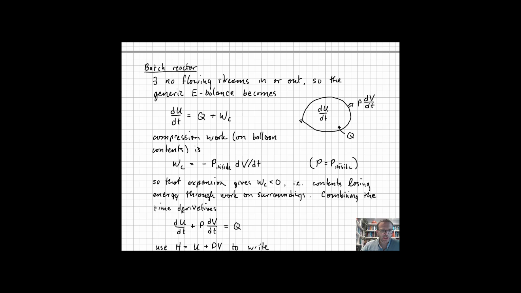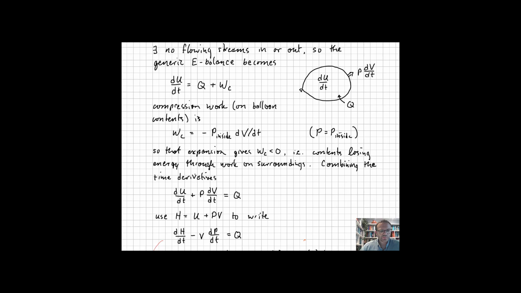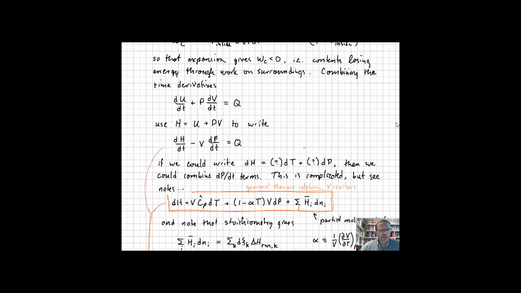All right, so now we're going to combine these time derivatives. So the Wc term is becoming this thing, and then we move it over to the left-hand side so that we can combine it with the dU/dt plus P dV/dt, and now that's just equal to the Q term. Now, I'm going to remember that H is equal to U plus PV. So I can go through and compute that dH/dt is going to be dU/dt plus P dV/dt plus V dP/dt.